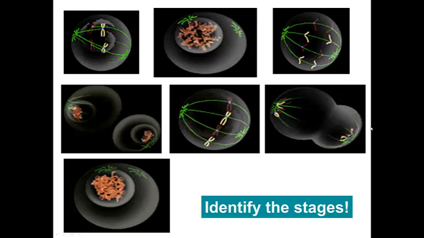So that's telophase. Here you have a cell starting to enter interphase, where you have the nuclear membrane reforming and these centrioles and spindle fibers starting to get taken apart until the next time these cells have to divide.